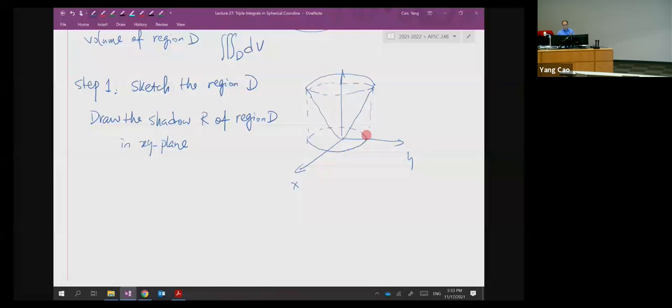As long as you know this is a full circle here, that's fine, because we need to find the theta limits based on this region R, or the shadow R. So that's your shadow R here, and this portion here is region D. Now I'm ready to find limits.